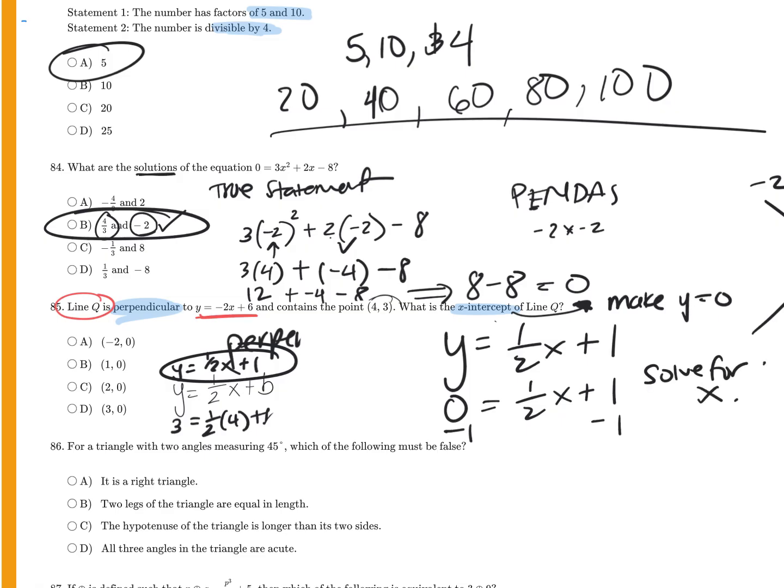So we subtract 1 from both sides. We get -1 equals 1/2 x. To get x by itself, we have to multiply both sides by 2/1. That cancels the half. And we get x equals -2. 2/1 is just 2. Times -1 is -2. So that's our x-intercept, -2. So that's A.